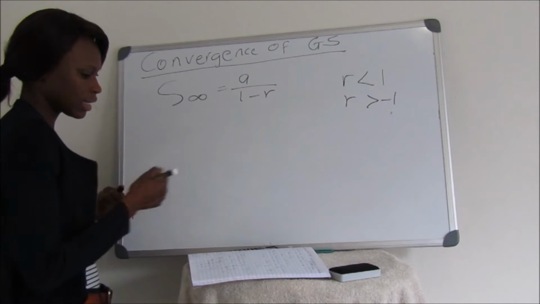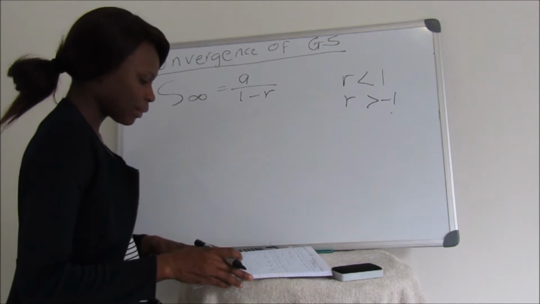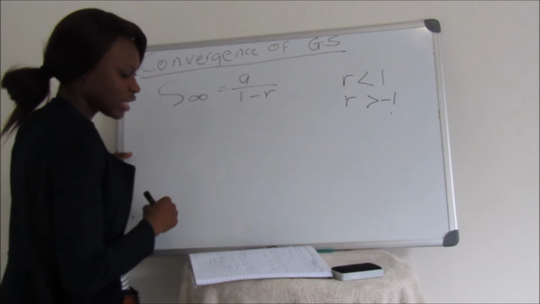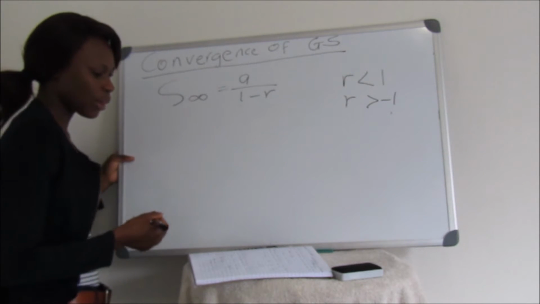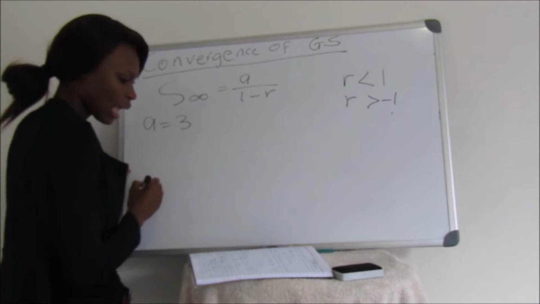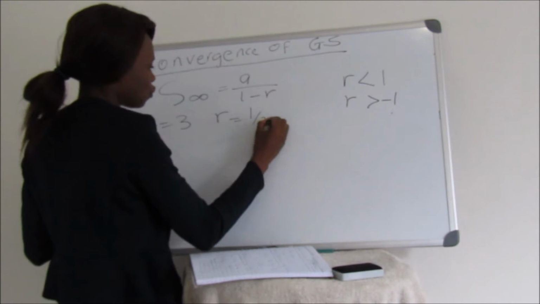Alright guys, let's just look at a quick example of this. The example says that we must find the sum of infinity of the geometric sequence with the first term equal to 3 and our common ratio equal to 1/2.